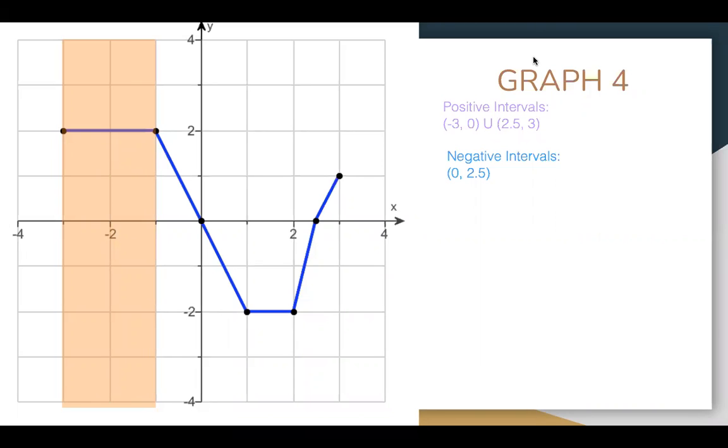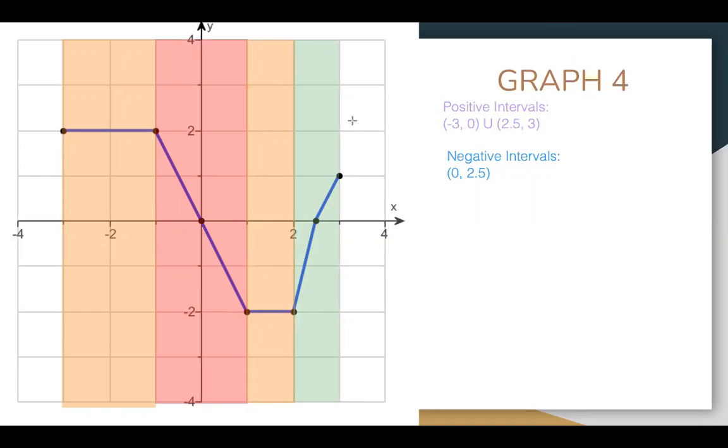And then our graph starts dropping down. It's dropping lower and lower and lower. And then here it stops dropping down and starts going straight again. And straight, straight, straight. And then finally it starts going up. Up this entire piece.